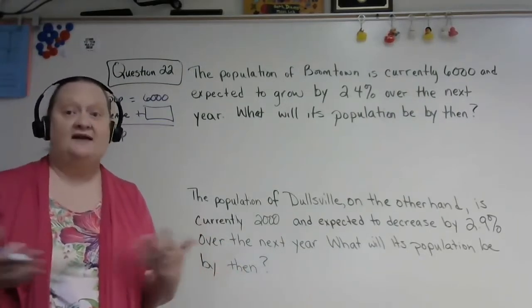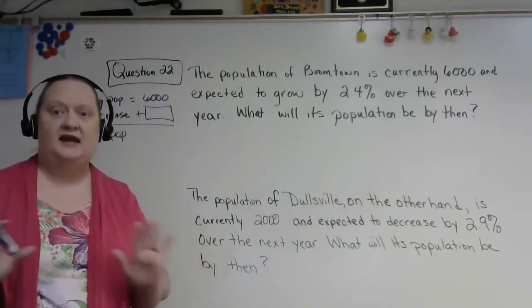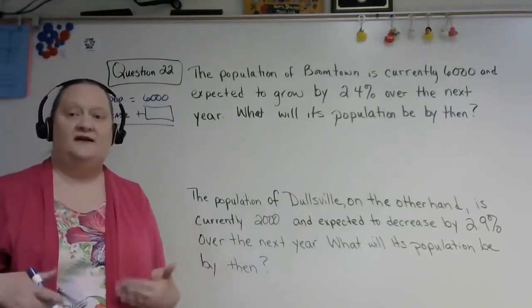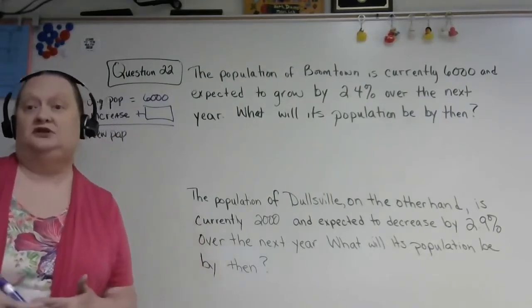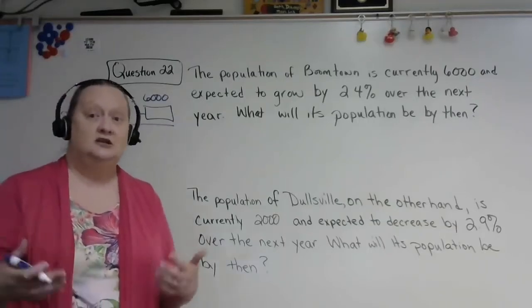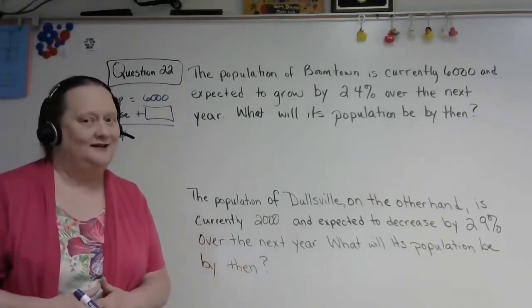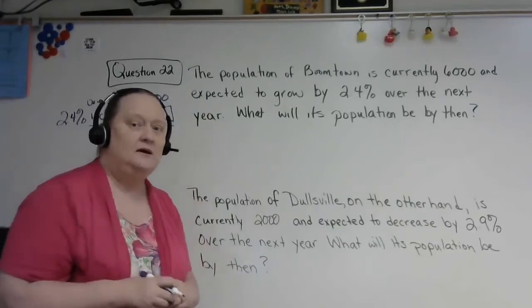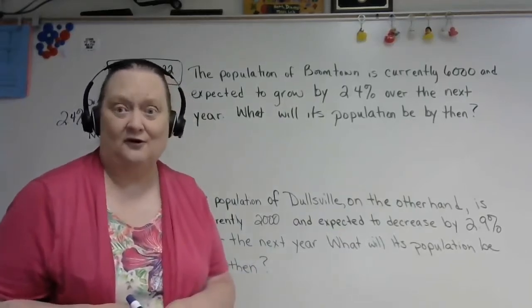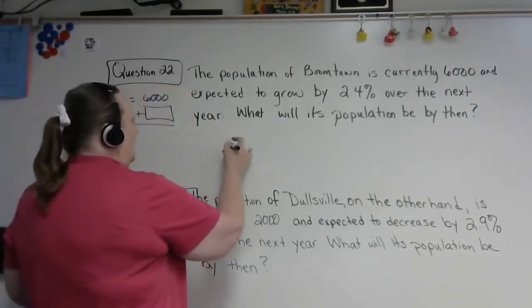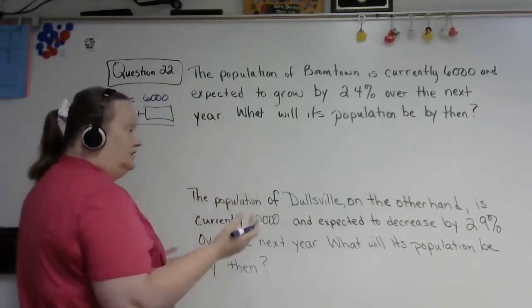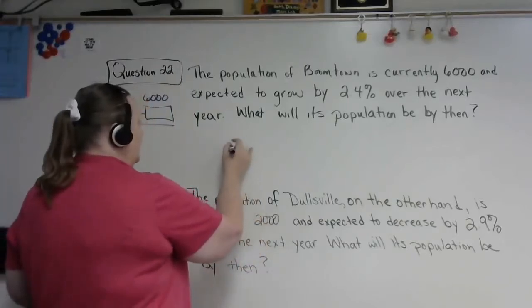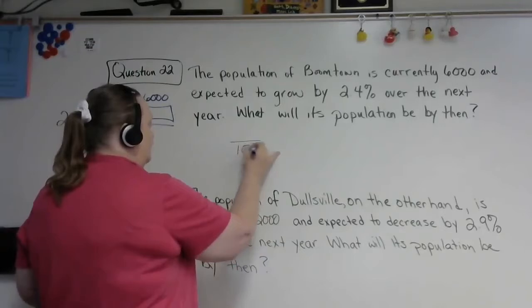At this point, I've done enough of these problems that you should be able to do it either way. If I choose one way, you should be able to go back and decipher the other way. In this case, I'm going to do proportions because that's my preferred way.